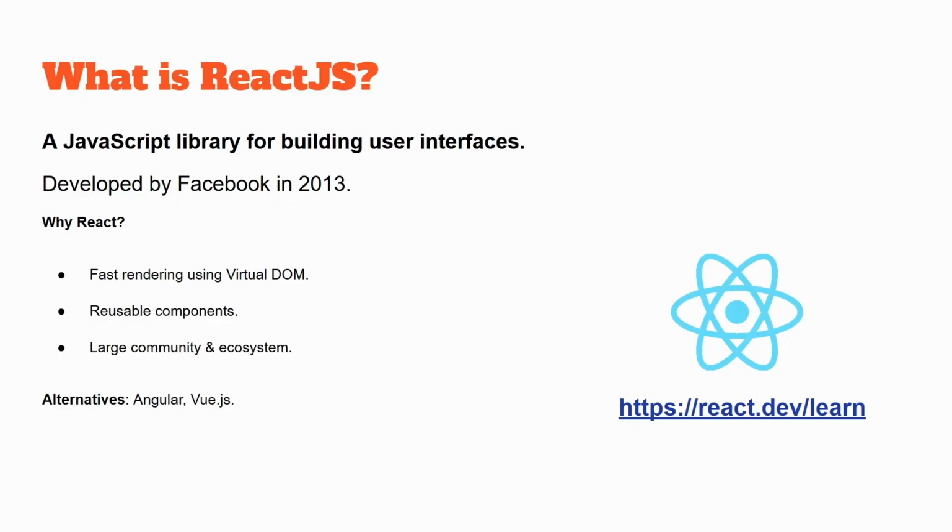That means you can convert a big project into smaller components which can be reused at multiple places. Also, because of its wide popularity, it has a very large community and ecosystem, and it has lots of additional resources from where we can learn and contribute.